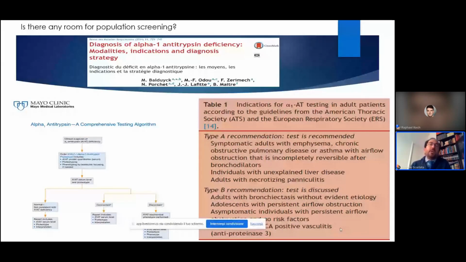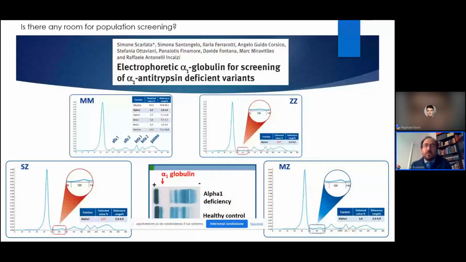For such a reason, we asked ourselves whether there could be any room for a population screening that, bypassing clinical features, could be able to highlight and identify those patients with the suspicion of alpha-1 antitrypsin deficiency.